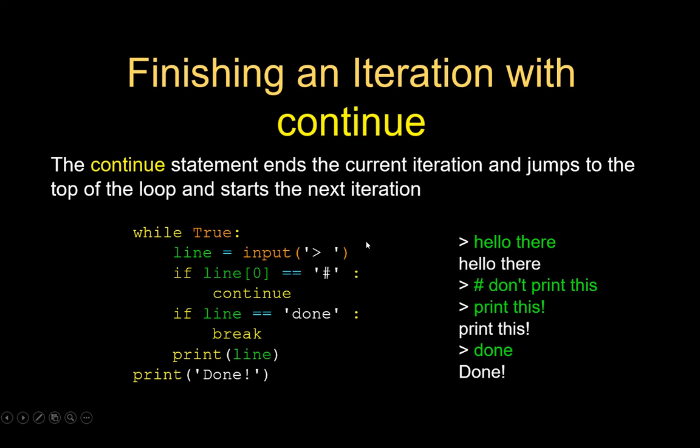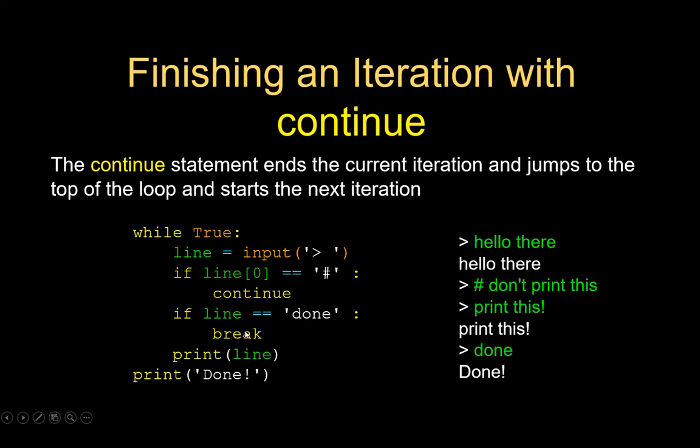So the other way that we can manipulate the sequence of a loop is the continue command. The continue statement ends the current iteration and jumps to the top of the loop and starts the next iteration.